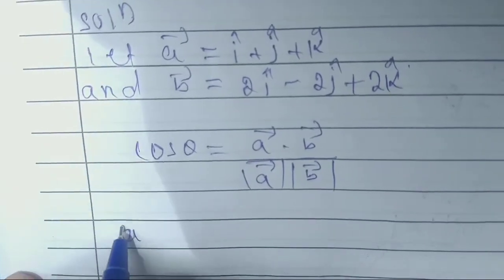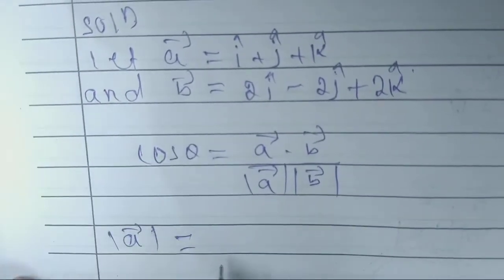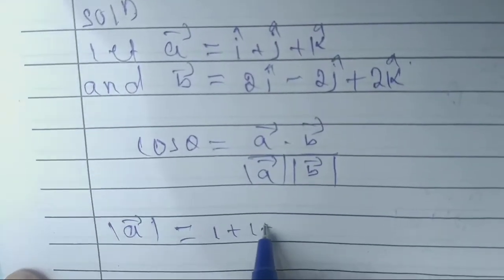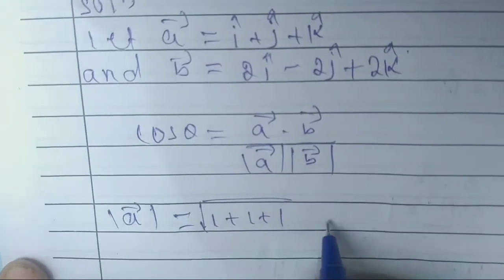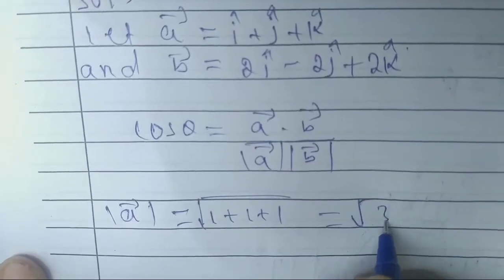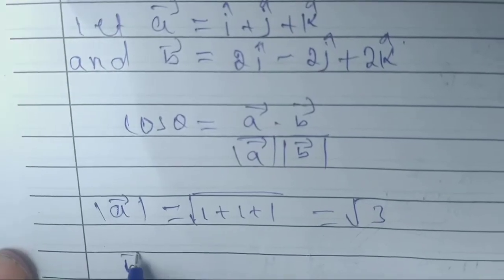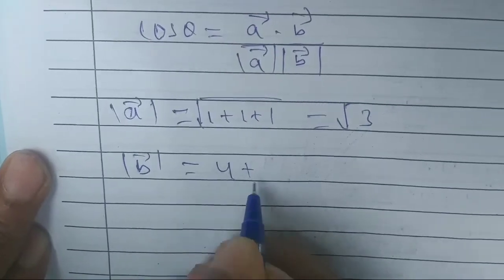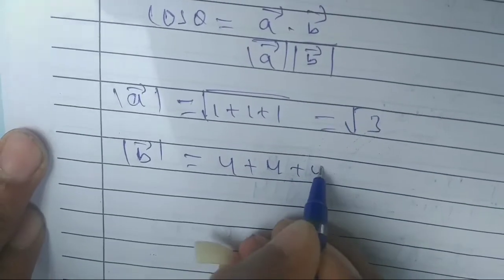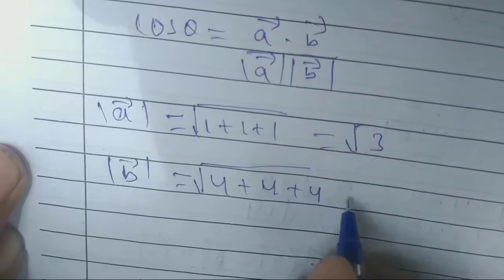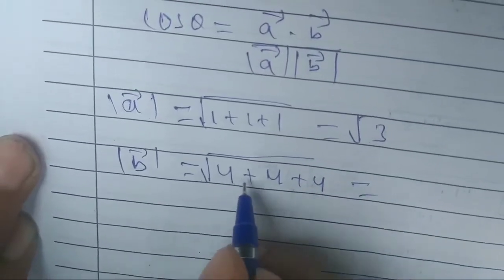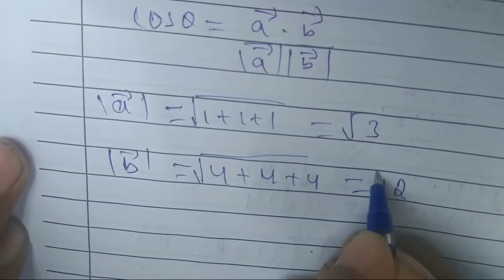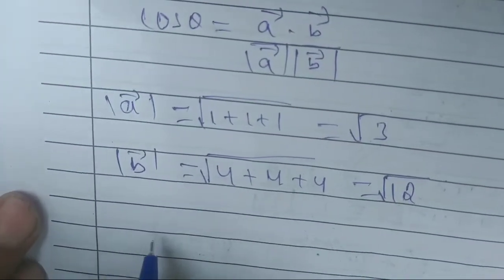Here I will find mod of vector a, that is 1 square plus 1 square plus 1, which is equal to root 3, and mod of vector b is equal to, just see, 2 square means 4 plus 4 plus 4 under root, which is equal to root 12.